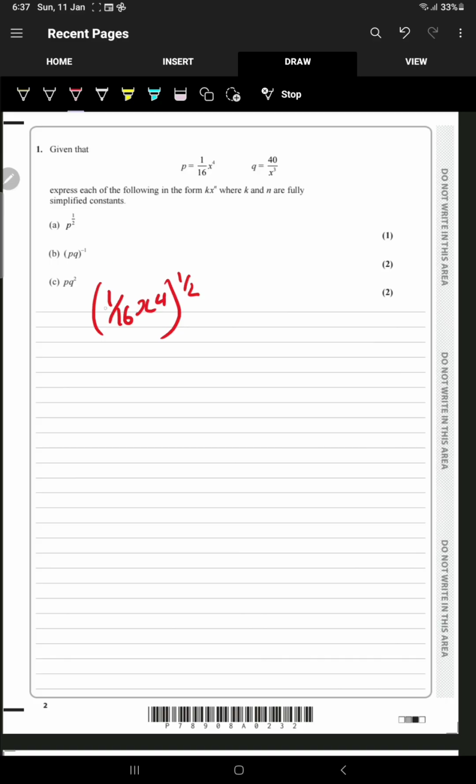Because this is the p and it says the whole of p to the power of half. Now what we need to do is split this up, and here you have to find 1 over 16 to the power of half.